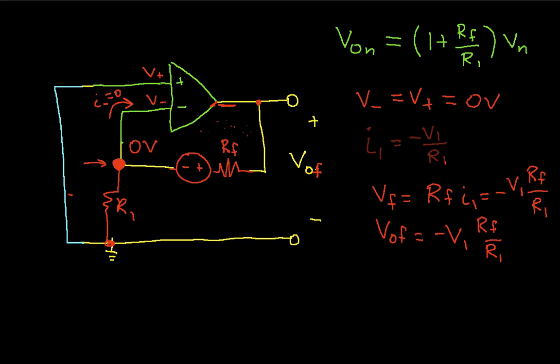So finally, let's do this in a different color so we can keep it straight. We now have this voltage VF, which is the voltage generated by RF. Again, the voltage at the inverting input is 0 because V plus is equal to V minus.